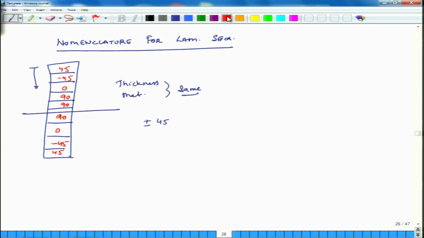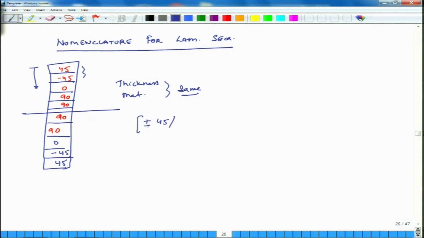So suppose this is the lamination sequence, then these two are plus 45 and minus 45. So, I write plus 45 and minus 45.